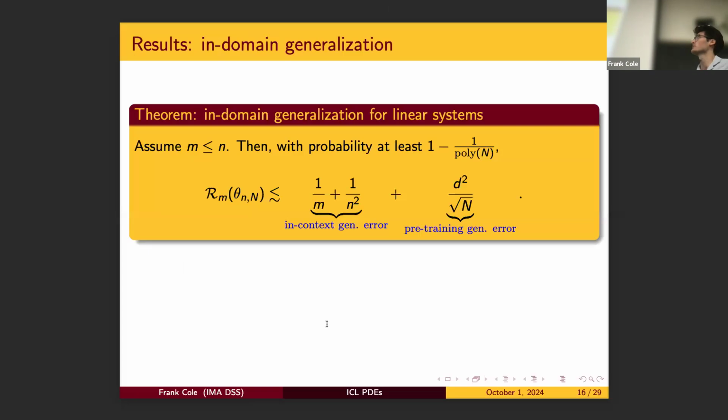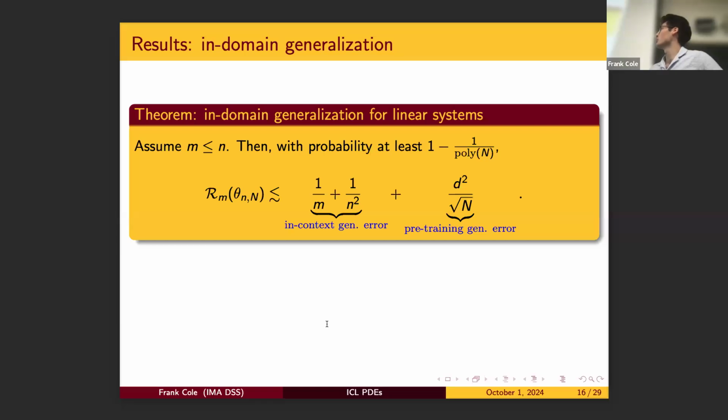So the first result is about what I call in-domain generalization, because we're using the same distribution on A and F that we use in training and in inference. And there's this result that under the additional assumption that m is less than or equal to little n, you have this high probability bound on the prediction error in terms of each of the sample sizes.